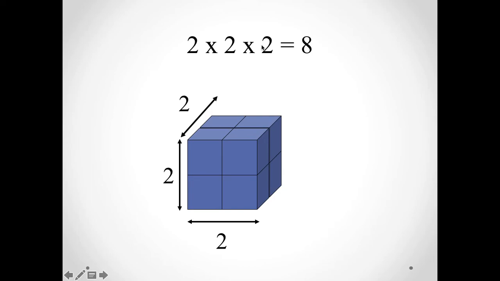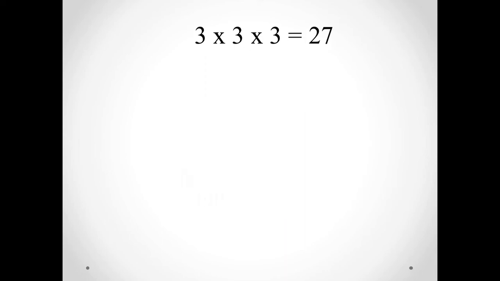So for a square we multiply 2 times by itself, for a cube we multiply 3 times by itself. So the cube of 3 will be 3 times 3 times 3, which is 3 times 3, 9, 9 times 3, 27.